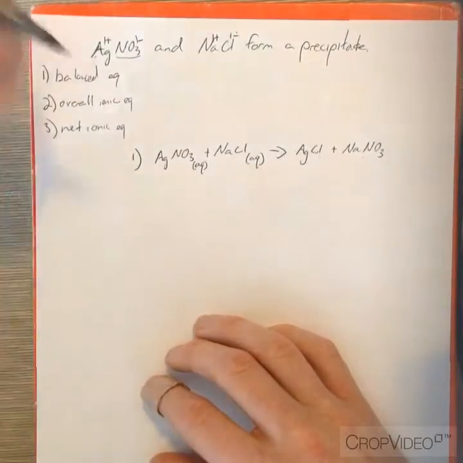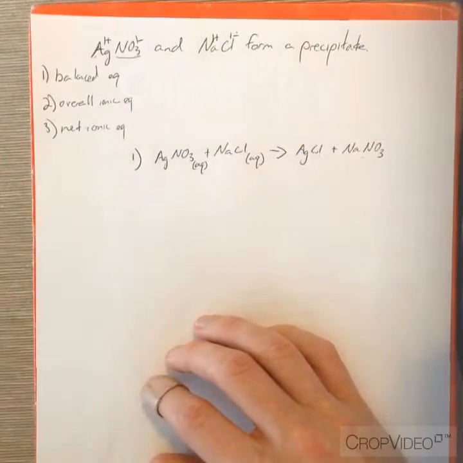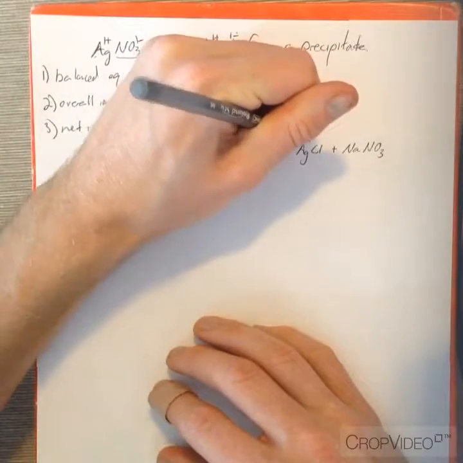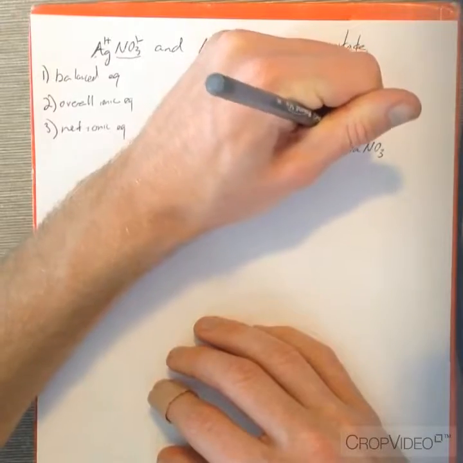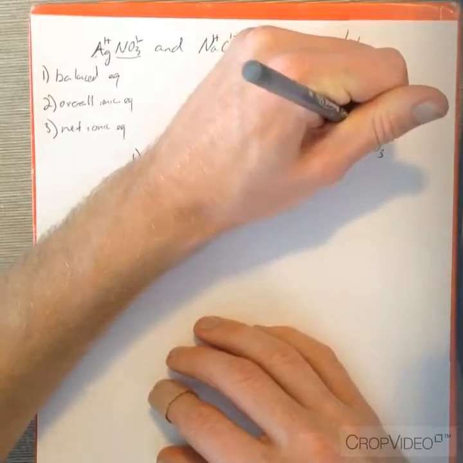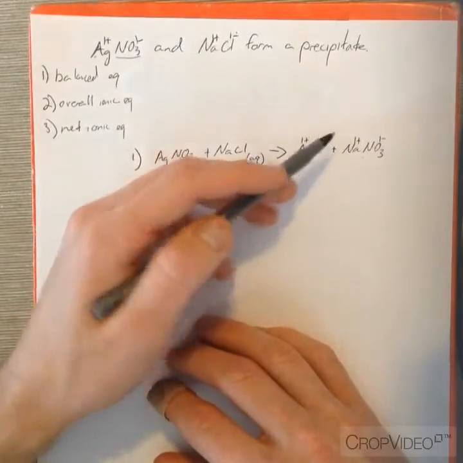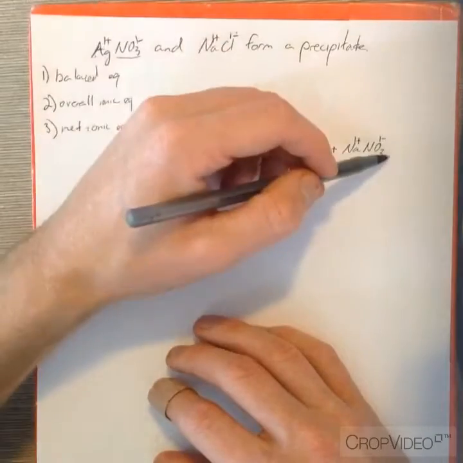Before we do that, we have to make sure everything's balanced here. So I didn't have to put any parentheses or subscript or anything because this already had a +1 and a -1 charge. This already had a +1 and a -1 charge. So let's say if this was calcium, had a +2 charge, I would have had to put parentheses around nitrate and a 2 down there.